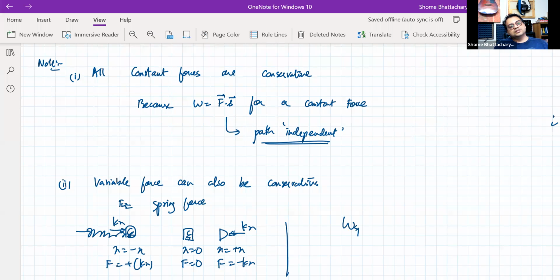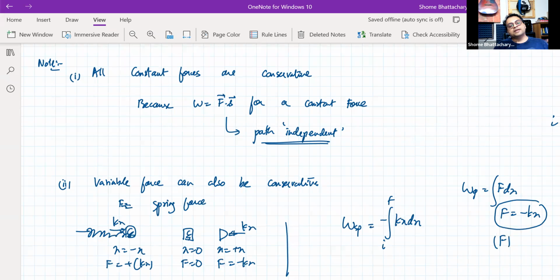So work done by the spring force is given by this kind of integration, okay? And F we will replace with minus kx because it is proportional to x in magnitude and opposite in direction always.